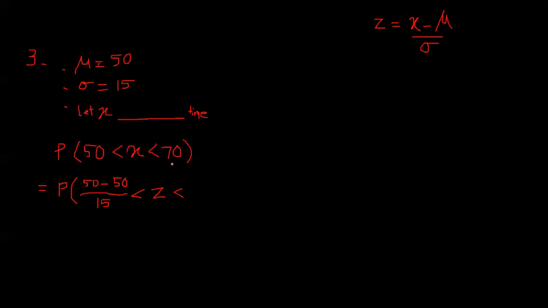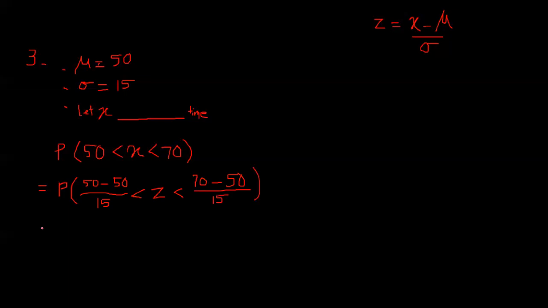The second one is 70 hours, so X is 70 minus mu, 50, divided by sigma, 15.